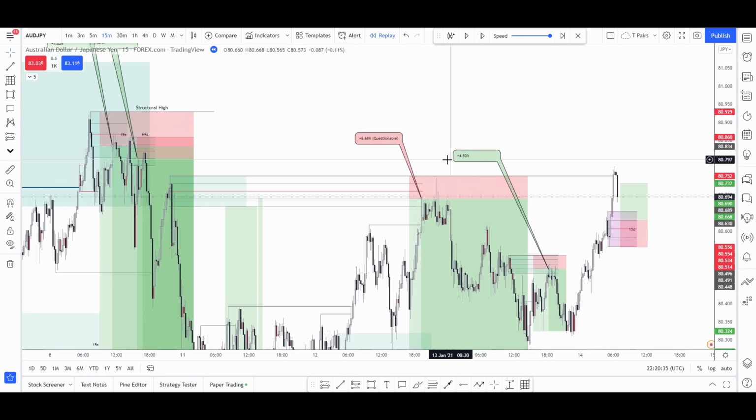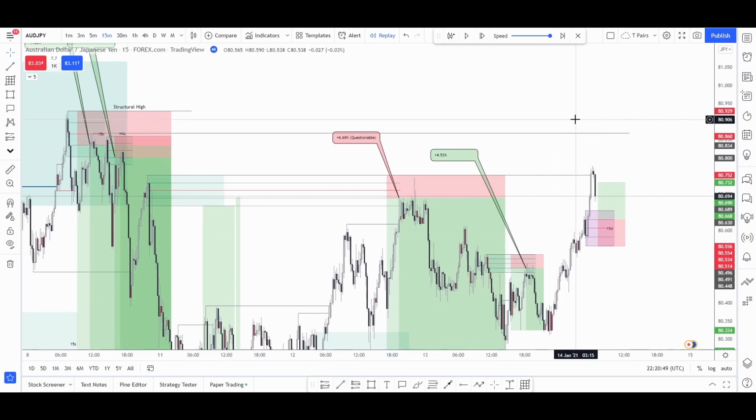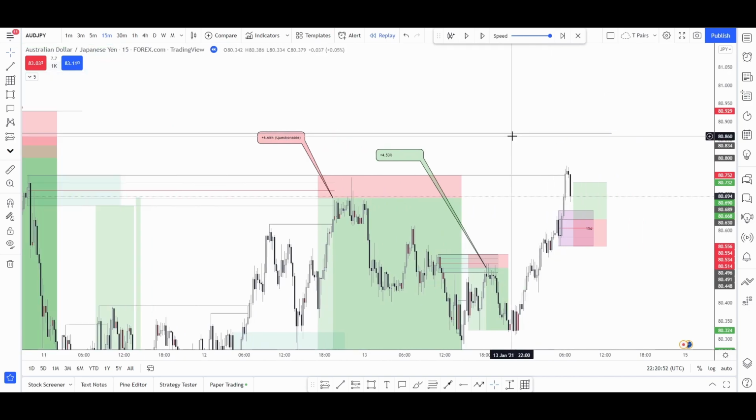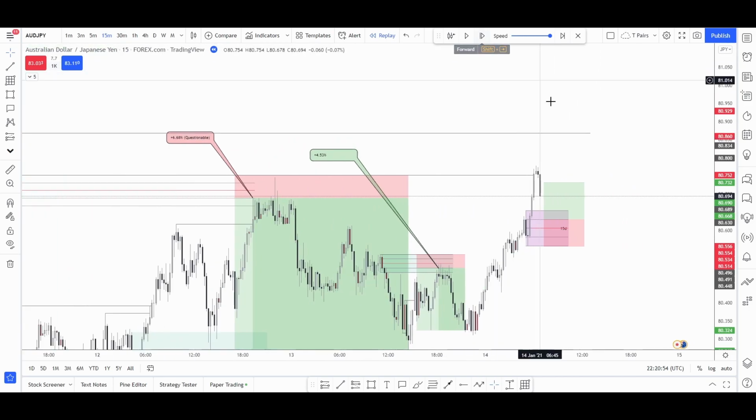If I think about it, that got mitigated, that got probably up here somewhere. Likely up here. So just above these, potentially. Let's see if we can get there.